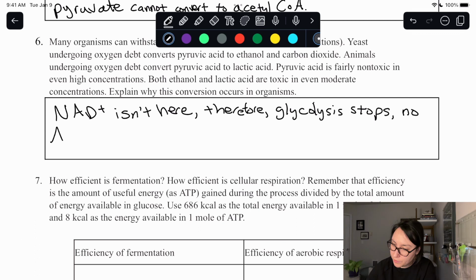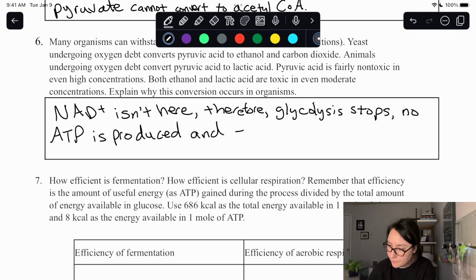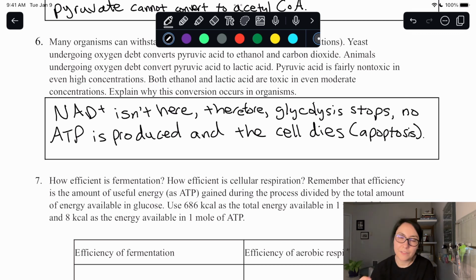No ATP is produced. And the cell dies, aka apoptosis. Just a nice fancy word. Bam, throwing it at you.